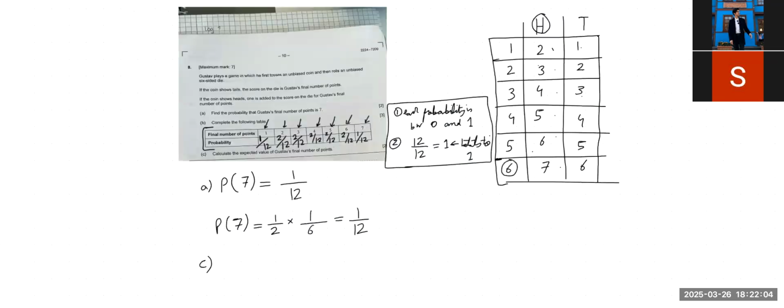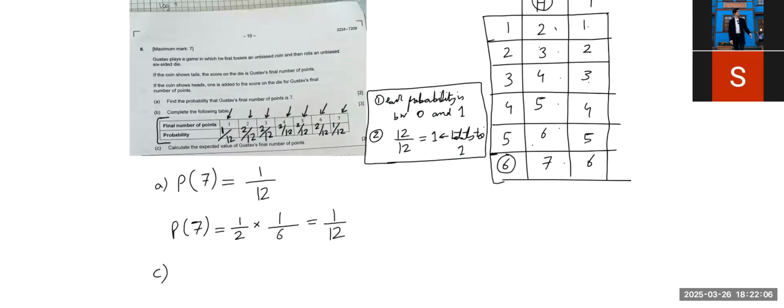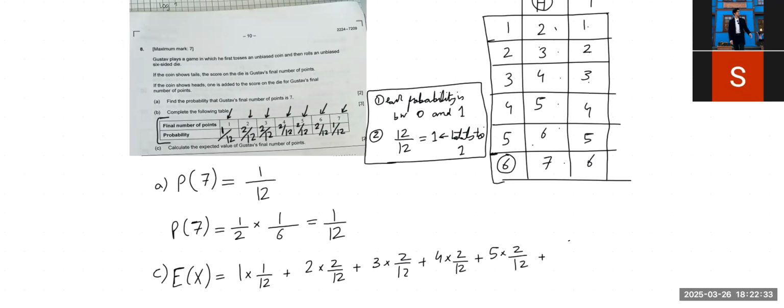Okay. So finally, the next question says, calculate the expected value of the final number of points. Remember, if you have the probability distribution, expected value is the easiest question ever. All you're supposed to do is multiply each score with its probability and add it up. Okay, and that's it. All right, that was long.